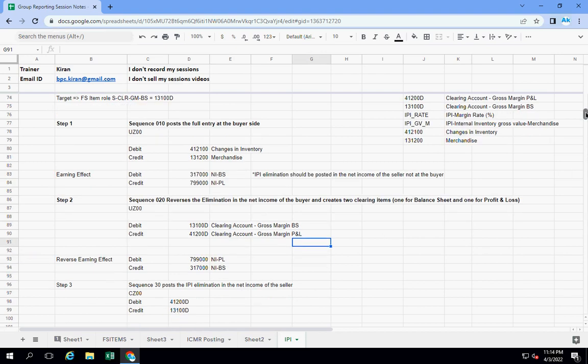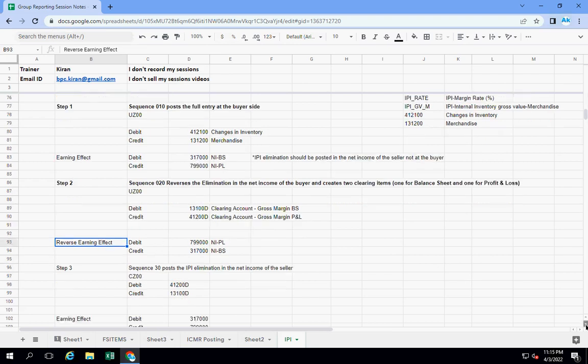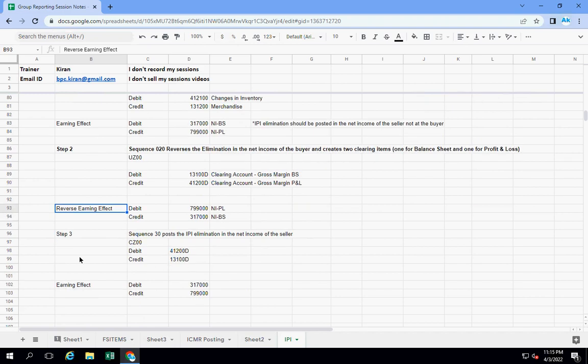Right. So now what happened? My net income reversed the earnings effect. With the second sequence, we reverse the net income and the amounts are stored in the clearing account. Now, the third sequence we will create. Why do we create the third sequence?